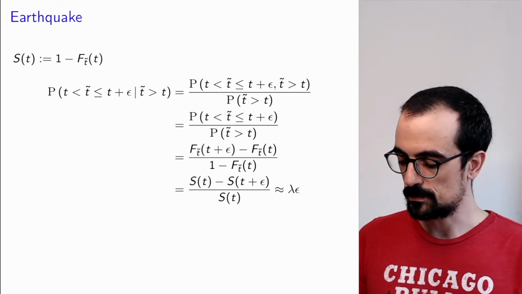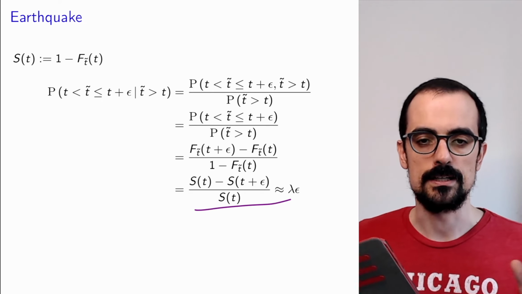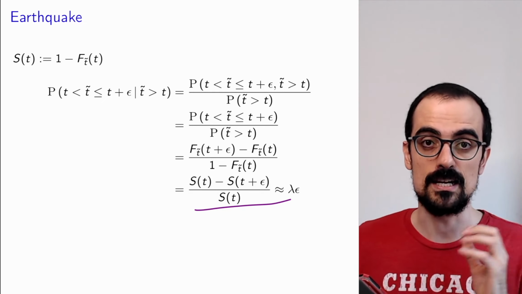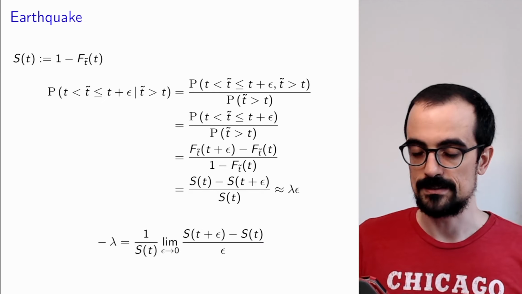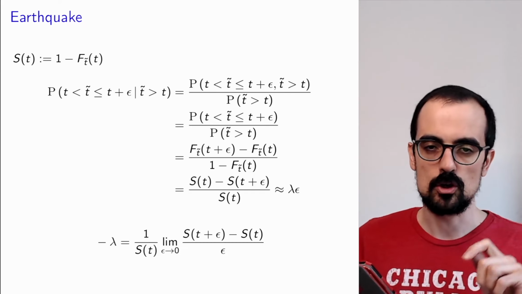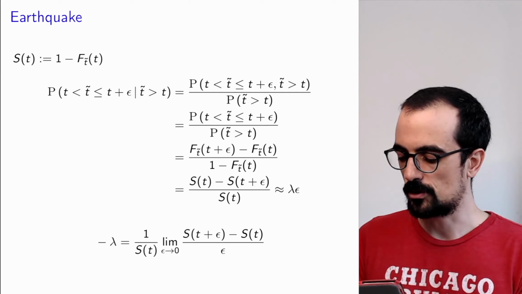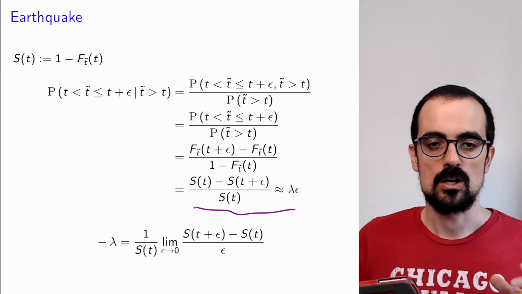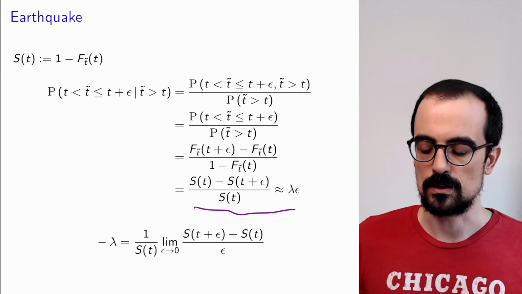So we take this expression and move all the parts that depend on epsilon to one side and take the limit when epsilon goes to 0, and this is what we obtain. Maybe you want to pause the video and take a look, but essentially we're just moving things around here and then taking a limit when epsilon goes to 0 of the part of the expression that depends on epsilon.